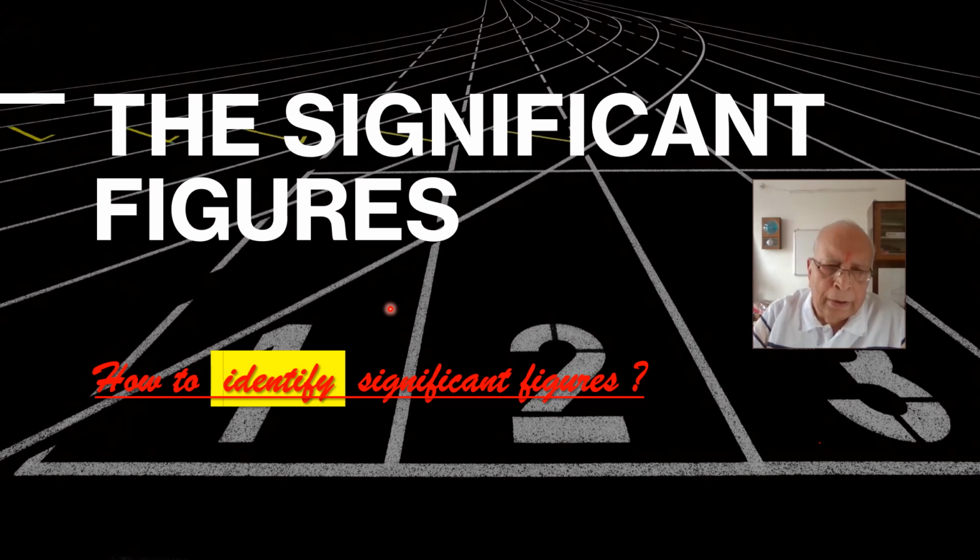We know that a number is nothing but an arrangement of digits in a particular fashion. For example, here you find 1, 2, 3 written here, and mathematically we call it 123.